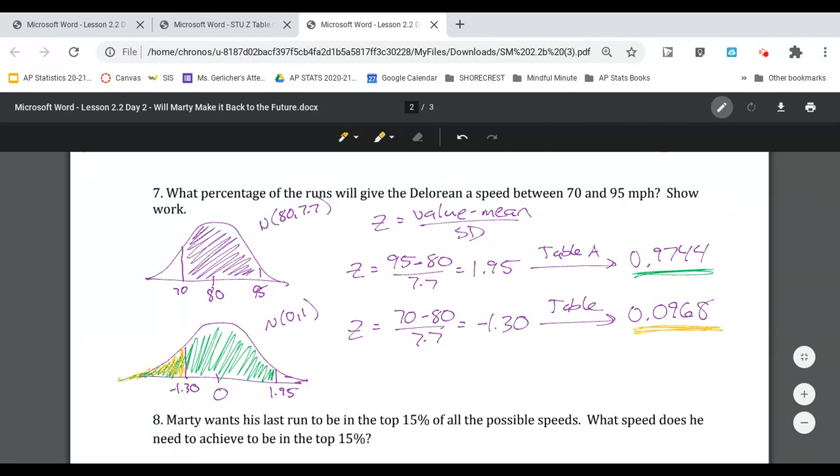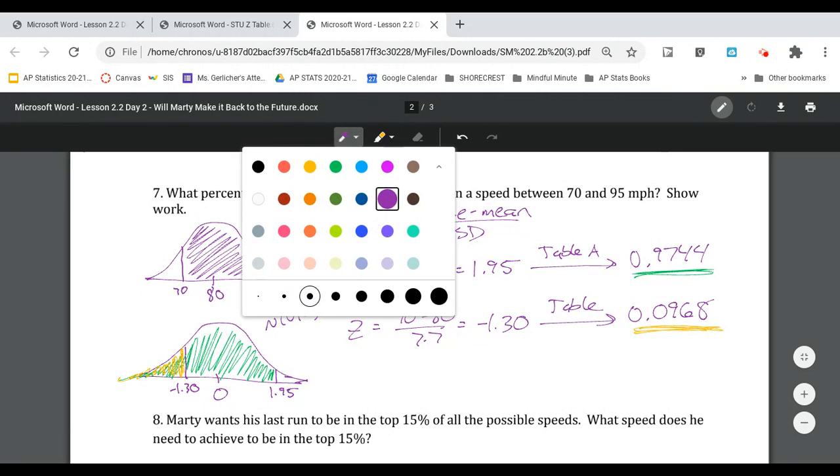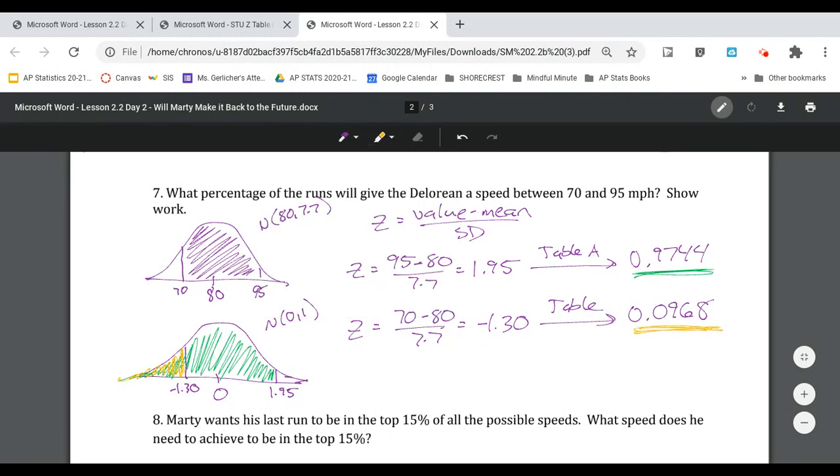So if we go green minus yellow, it will give us the middle chunk that we need. So 0.9744 minus 0.0968. So that gives us 0.8776, which is again a perfectly fine answer, or 87.76%.